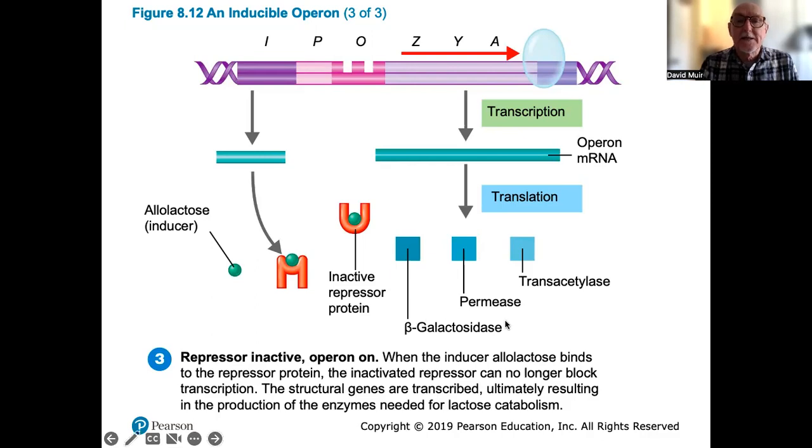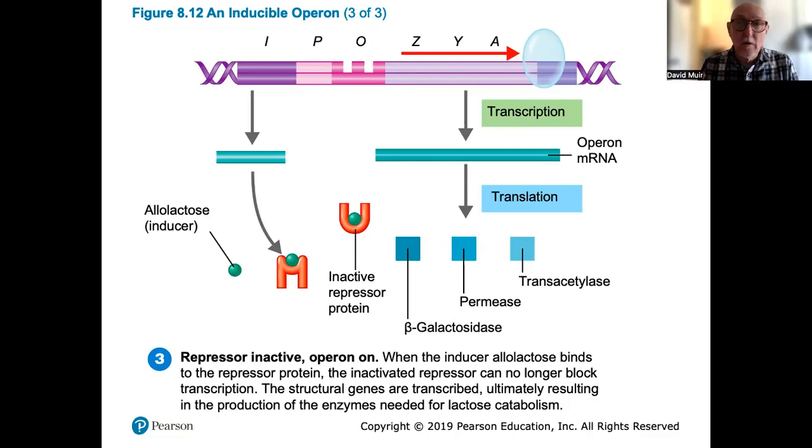Okay, so that aside, the other thing that beta-galactosidase does when it starts to metabolize lactose is it produces more allolactose. So it perpetuates this whole system as long as lactose is present.